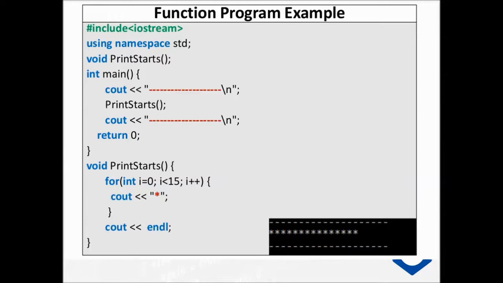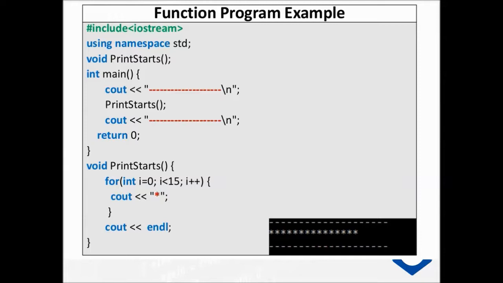When this program executes, the compiler reads cout and it prints a dashes line on the screen. Then the compiler reads printStars with parentheses. Now the control goes to the function, where we wrote our printStars function.